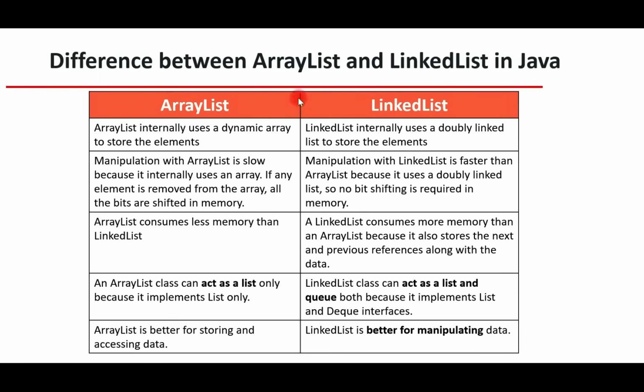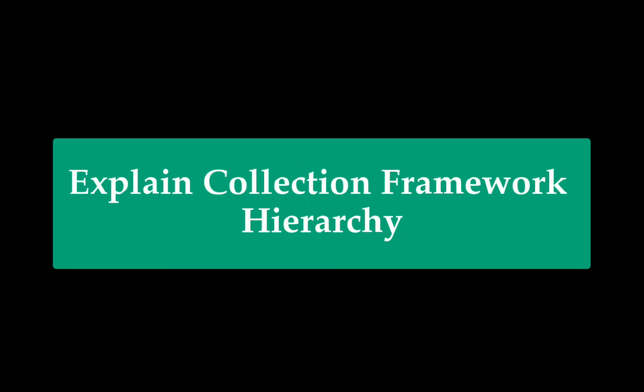So these are a few similarities between array list and linked list. Alright guys, I hope you understood the difference between array list and linked list. These are a few important points and differences, so that you can remember them and explain them in interviews.